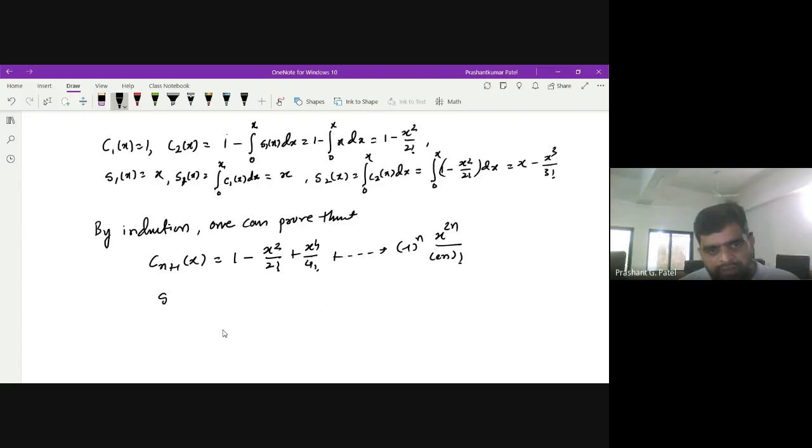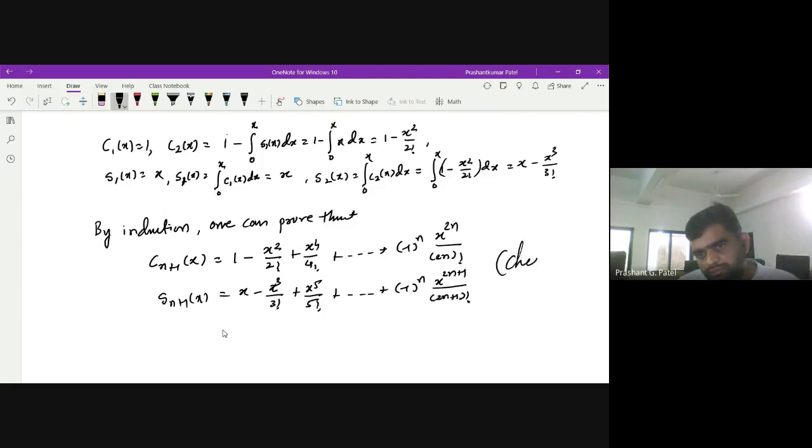And S_{n+1}(x) will be x minus x cube by 3 factorial plus x raised to 5 by 5 factorial, up to so on, plus minus 1 raised to n, x power 2n plus 1 upon 2n plus 1 factorial. Check this.